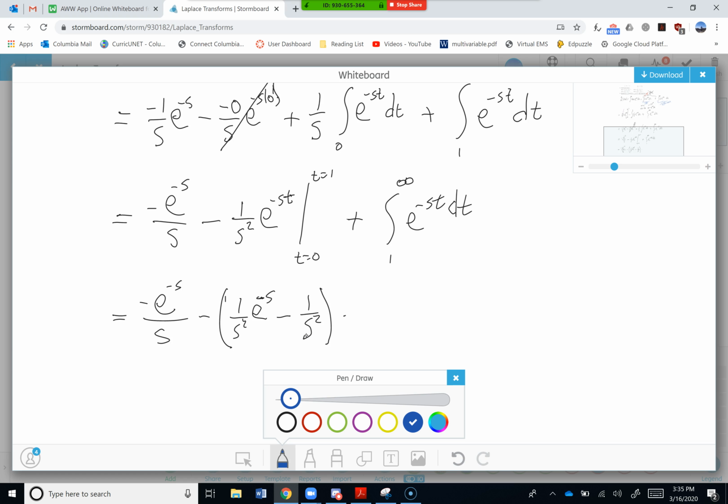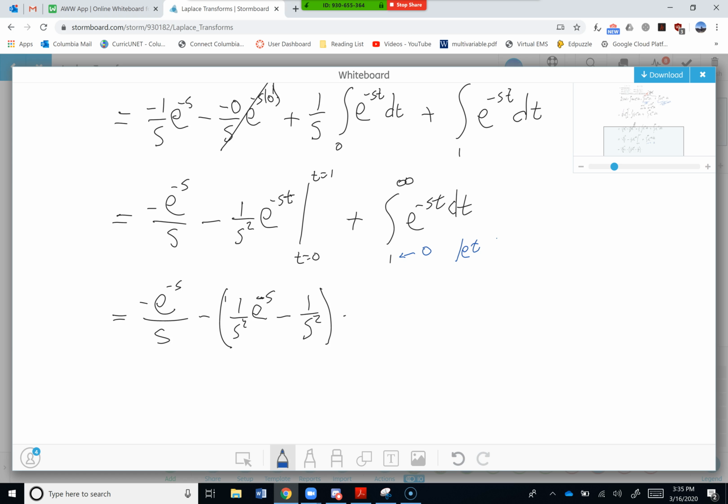Okay, so on the other part, I kind of need this 1 to become a 0, right? So I need to let the new t be the old t minus 1, and then the new t's differential is just going to be the old t's differential. You guys with me?